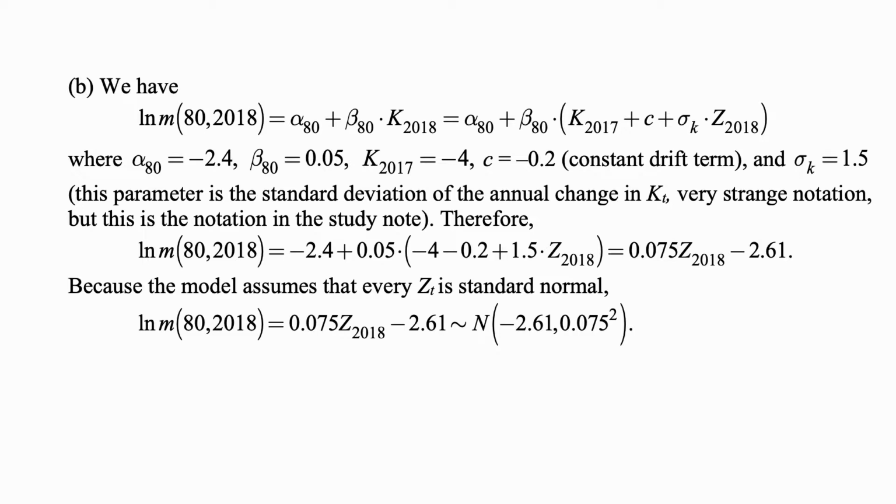And the model assumes that z t, every z t, including z 2018, where t is equal to 2018, is standard normal. Well, if so, then the natural logarithm of m of 80, 2018, which is 0.075 z 2018 minus 2.61, is normal with mean negative 2.61 and variance equal to 0.075 squared.